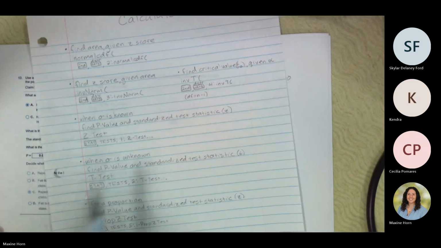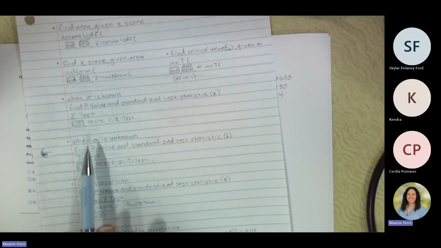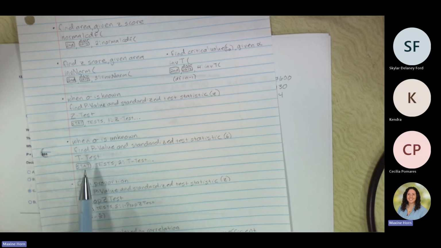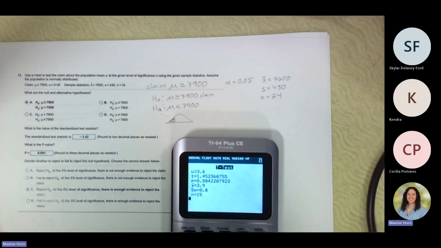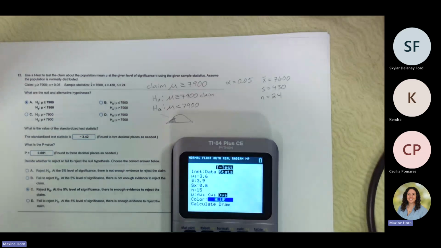Okay, so now we're going to move on to finding the standardized test statistic and the p-value, which again, we can do when the population standard deviation is unknown. We do that using a t-test, which is stat test number 2. So we're going to go stat test, t-test, and we're going to input all the information we were given under stats.